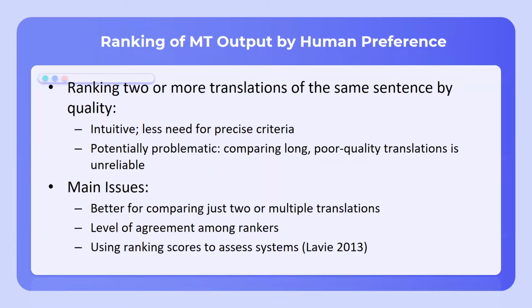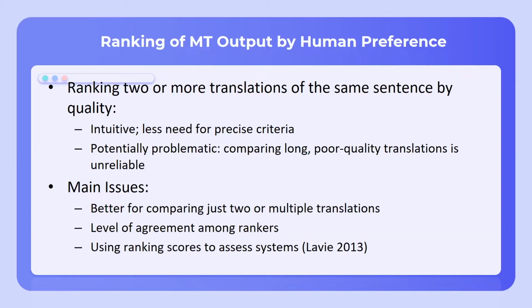The ranking of two or more translations of the same sentence in terms of quality is intuitive. It doesn't need so much for precise criteria, but it is potentially problematic, as comparing low, poor quality translations is unreliable.